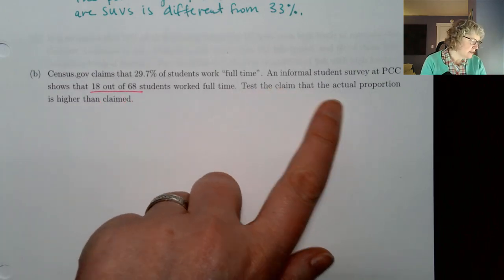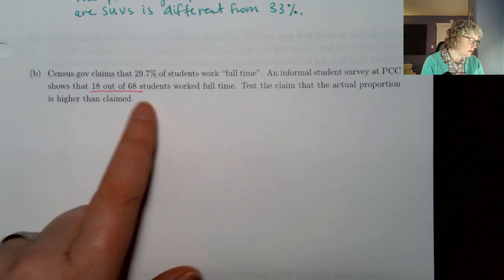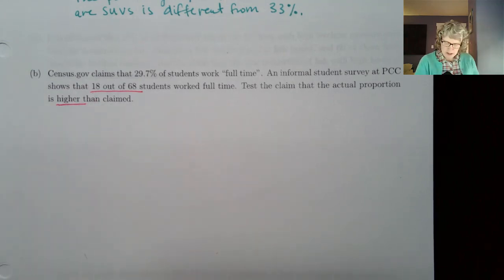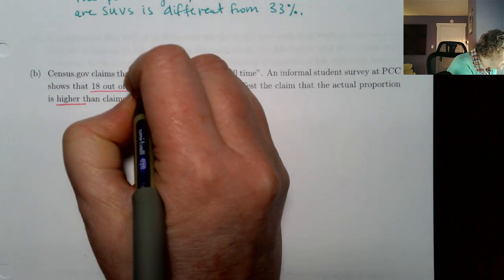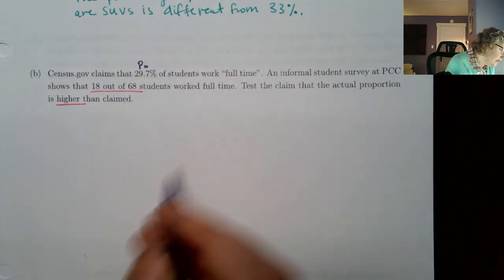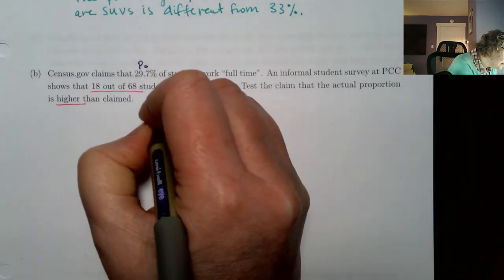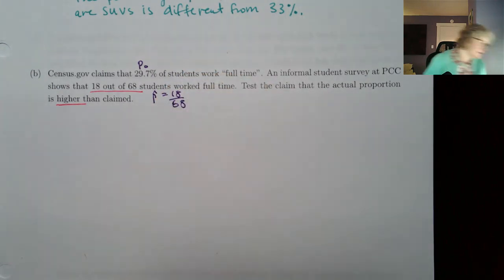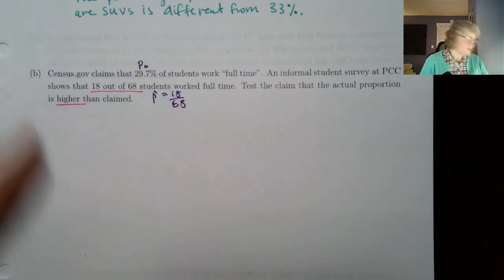Test the claim that the actual proportion is higher than claimed. Okay, so we've got a higher here, so that's giving us our direction. Let's write the P0, and then our P hat is going to be 18 out of 68.